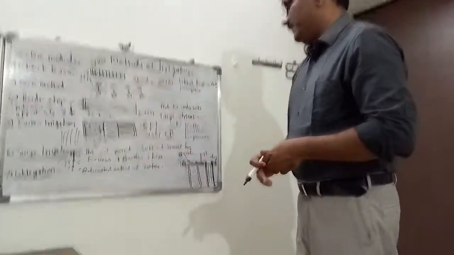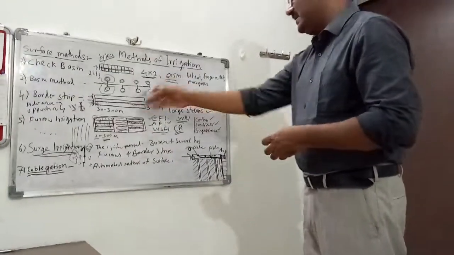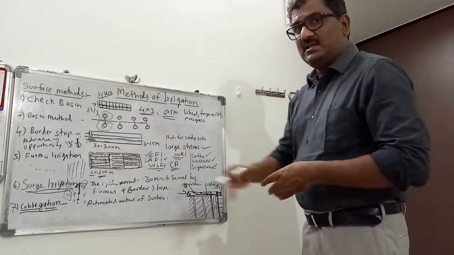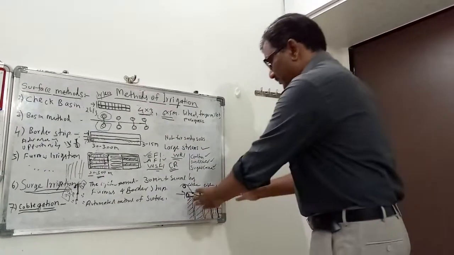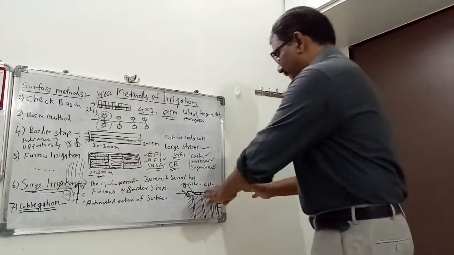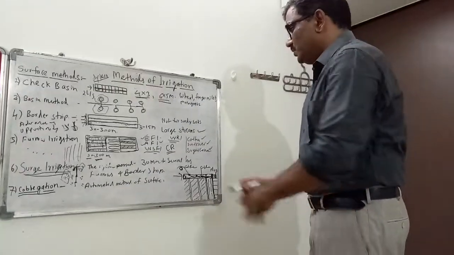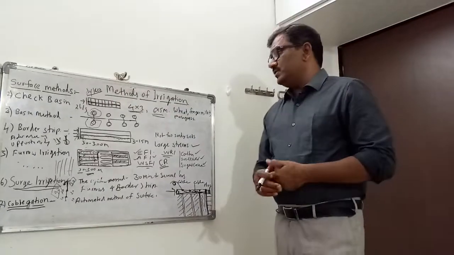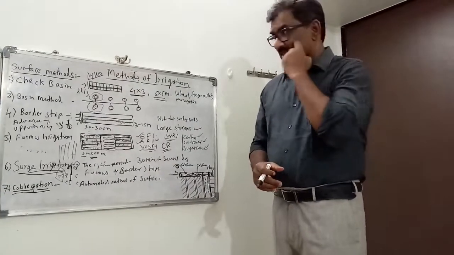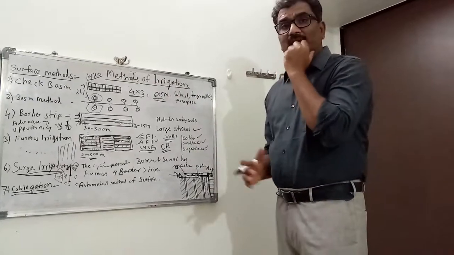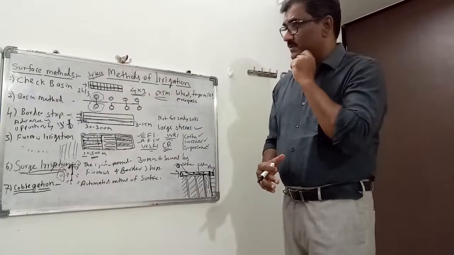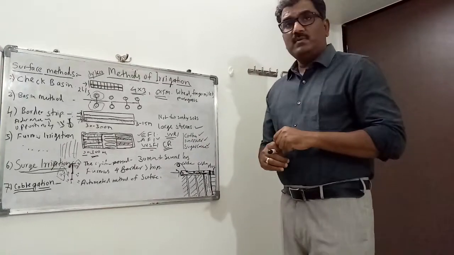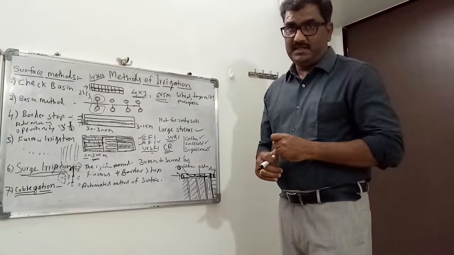In border strip also there are certain limitations, but it is better than check basin, we can have certain other operations. In furrow irrigation also there are certain limitations, but here we can have a better application of other operations. So there are certain advantages and disadvantages, but considering the resources of the farmer, farmers are till now using these methods for different crops with certain modifications. So this is all about surface methods of irrigation. Thank you.